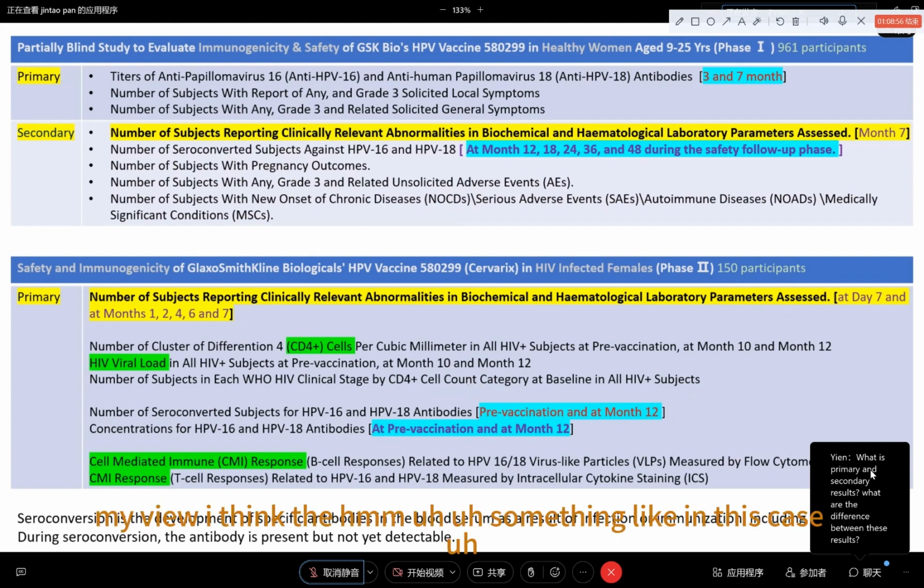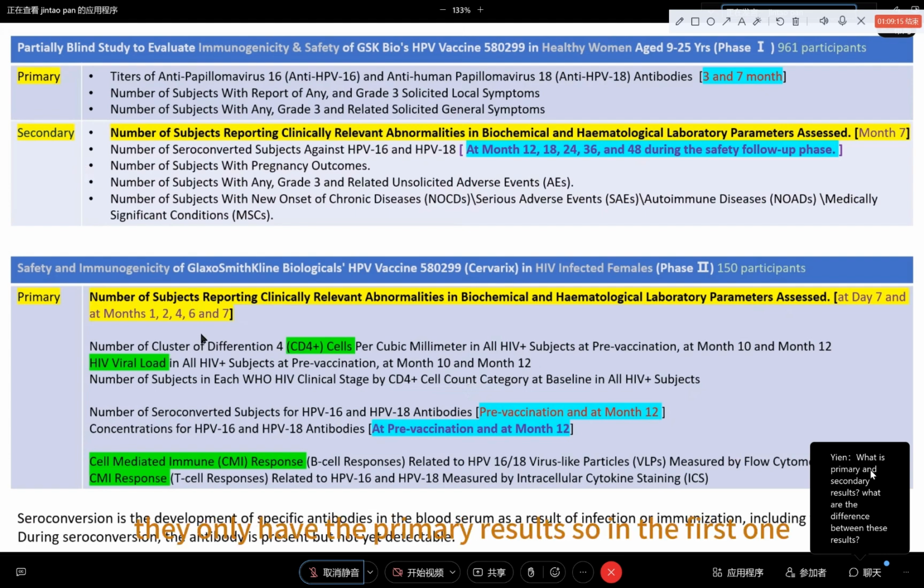In my view, in this case, in phase 1 there are primary and secondary results, and in phase 2 they only have the primary results.